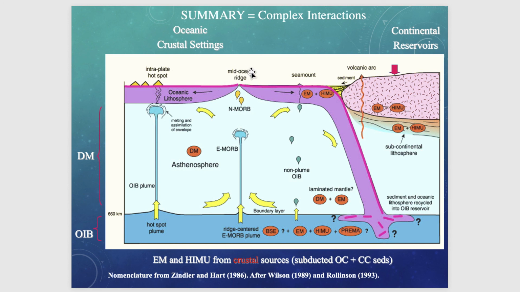Instead, mid-ocean ridges will have dominantly normal conditions of mid-ocean ridge basalts, so tholeiitic basalts with relatively low potassium content and also relatively low trace elements such as titanium. There will be mixed conditions in which we combine a plume with the MORBs, and so we form enriched MORBs that mix with normal MORBs.